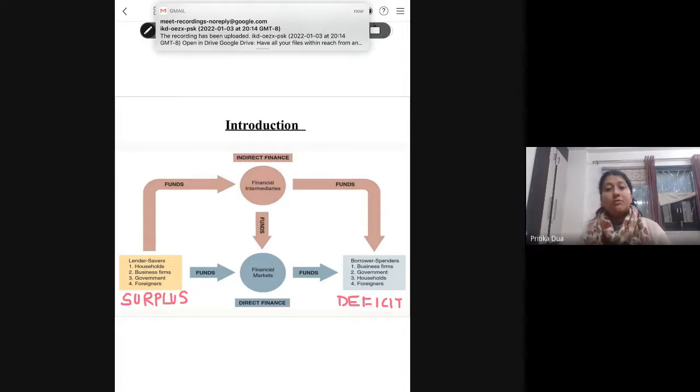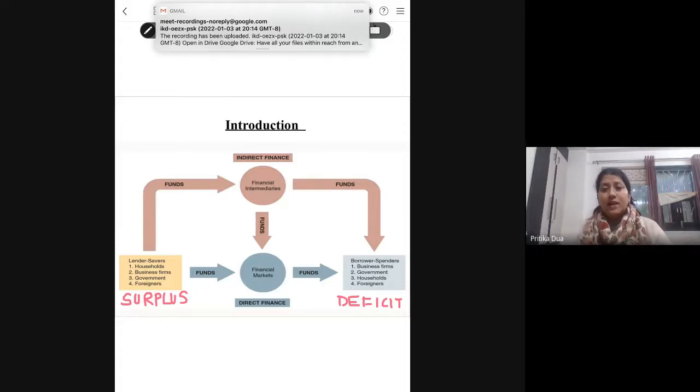So that mutual fund is basically serving as an intermediary between you and the shares in which you are investing. So जो कंपनी के shares आप purchase कर रहे हो through the mutual fund scheme, those are the deficit units, you are the surplus units, and the mutual fund is a financial intermediary in between.